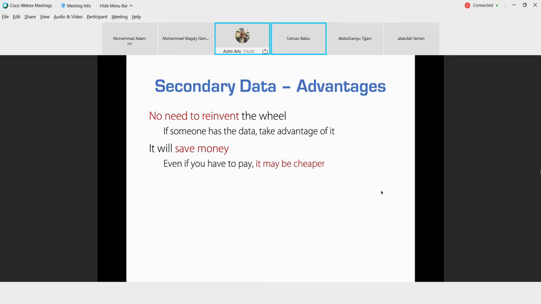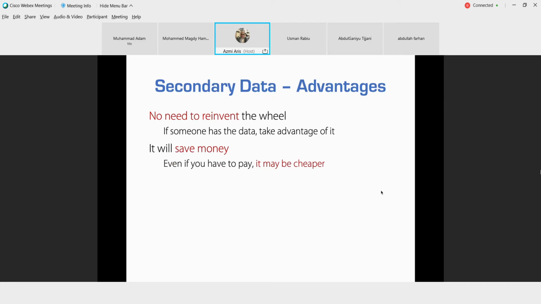And as mentioned just now, primary data will need money to produce. So most of the time, the secondary data can be available freely. But in Malaysia, some secondary data has some cost. For example, if you're working with meteorology data, then that meteorological data has to be bought from the meteorological department.